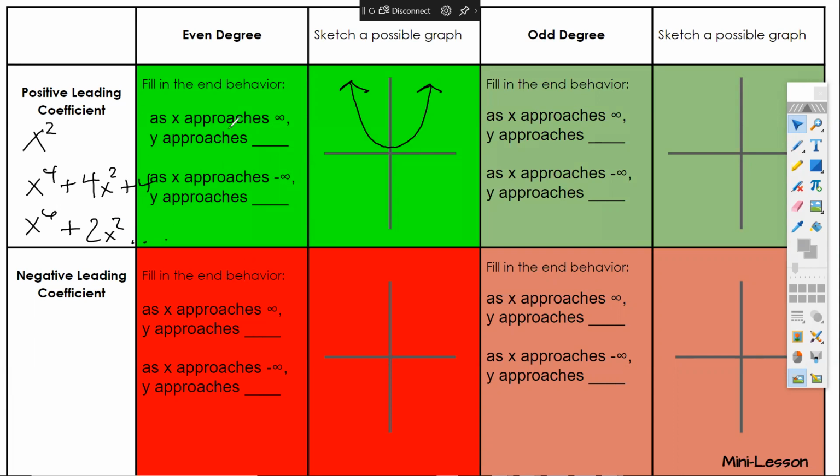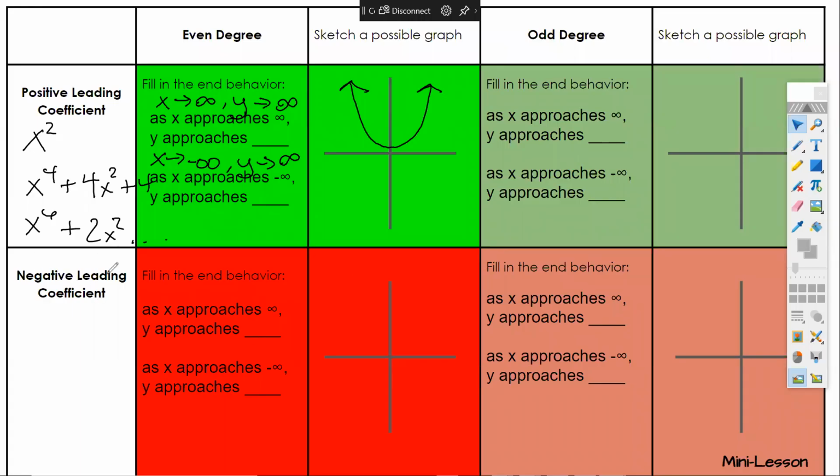So when I write this out, it's going to be as x approaches positive infinity, that's what that arrow is, y is also going to approach positive infinity. As x approaches negative infinity, y is going to approach positive infinity. I'll give you a second.